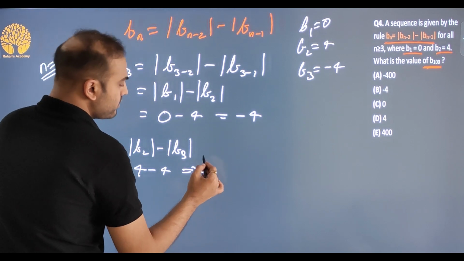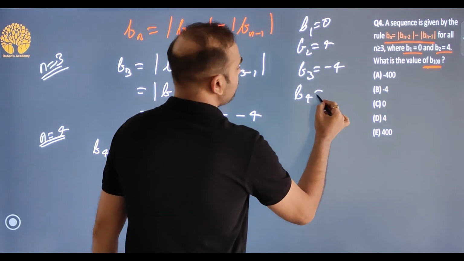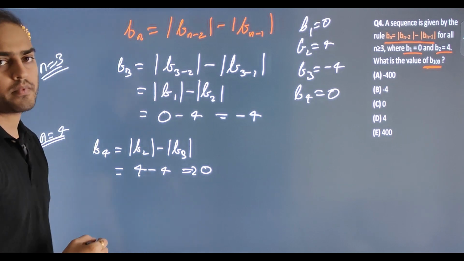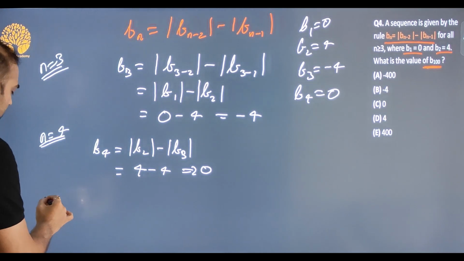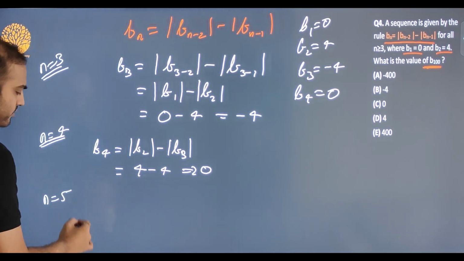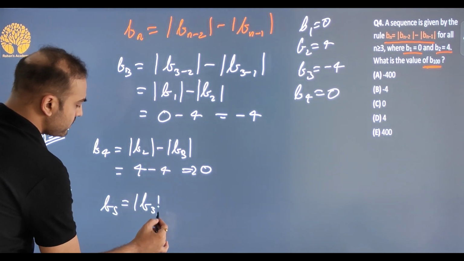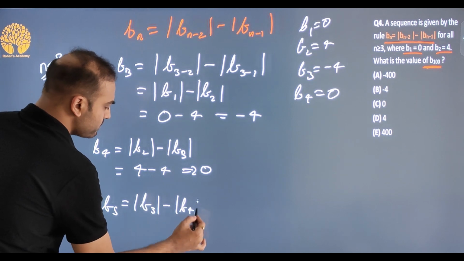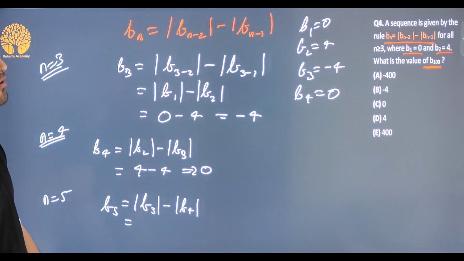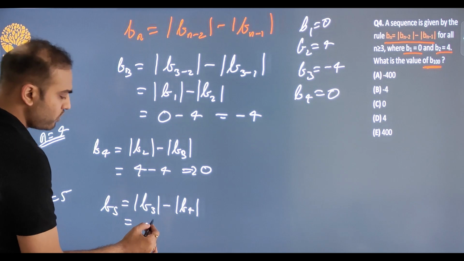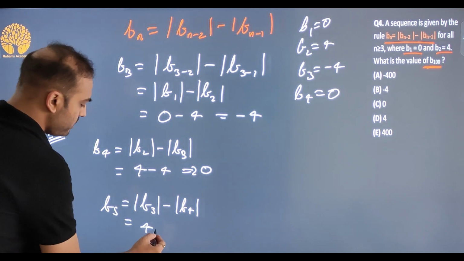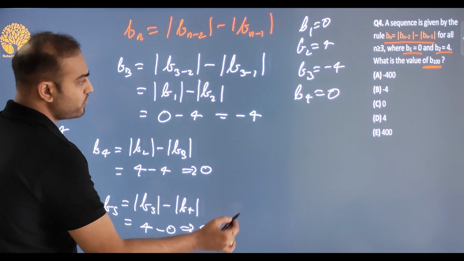Right. So I know B4 is 0. Now similarly, if I go n as 5, B5 will be modulus B3 minus modulus B4. B3 I already know, modulus B3 will be 4. B4 is 0. 4 minus 0 is 4.